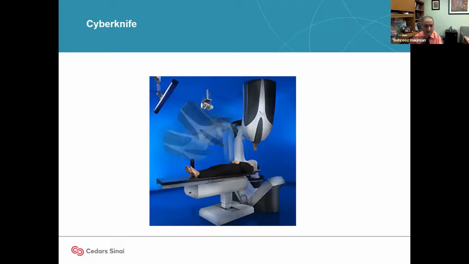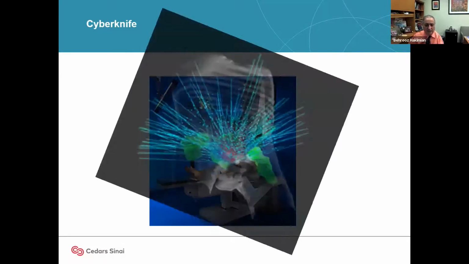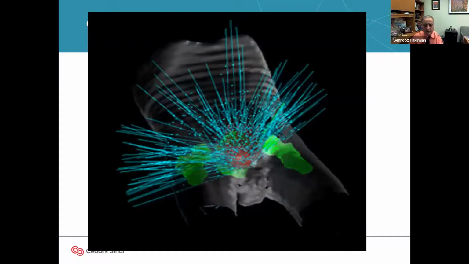It's just that it has a very exotic name, Cyber. And you can deliver the radiation therapy with multiple smaller fields. So it delivers the radiation to where you really want it and minimizes the dose of radiation therapy to the other parts.